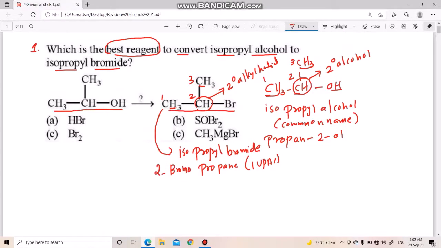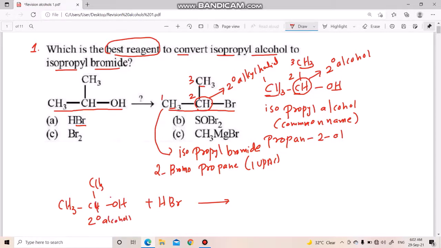First we can take HBr. CH3CH(OH)CH3 plus HBr. We are expecting a reaction like this. The alcohol is a secondary alcohol, please understand this point.